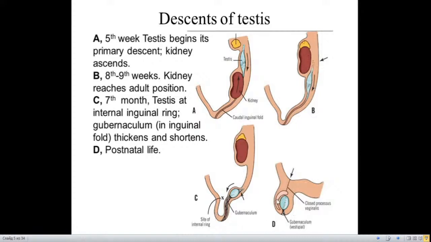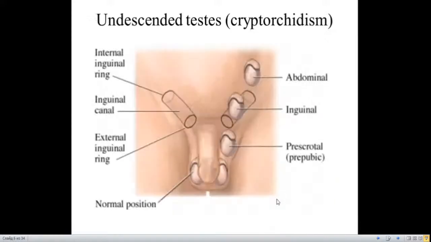That is normal development of testis, but some clinical cases happen, known as undescended testis, or scientifically cryptorchidism. Crypto means unknown, orchid, as I said above, is the Greek name of testis. Look, this picture shows some types of cryptorchidism.